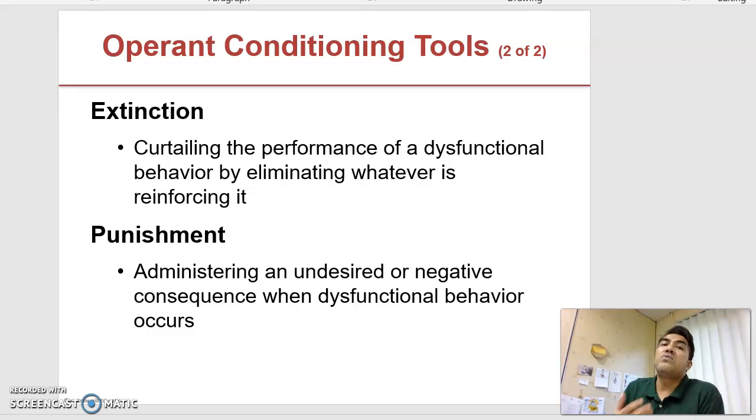And then sometimes we do this because of extinction, curtailing the performance of dysfunctional behavior by eliminating whatever is reinforcing it. Meaning that we inform the employees that if they don't perform to a certain level of expectation, they are not going to get the reward at all. And suddenly everybody is moving in that direction.